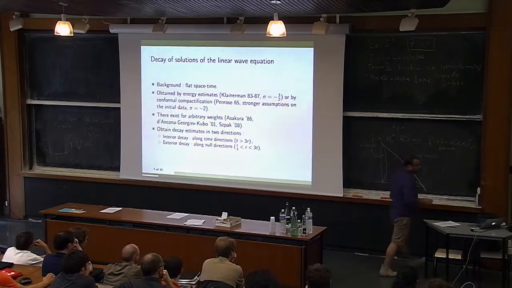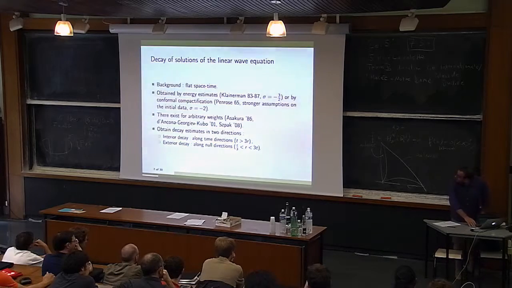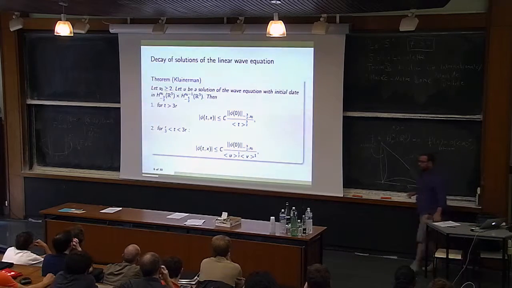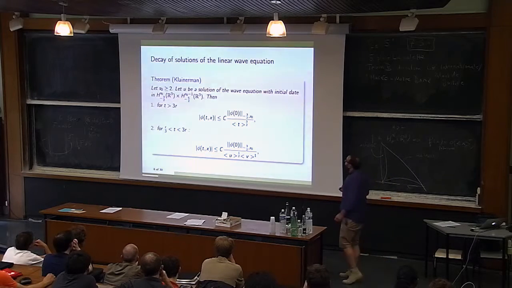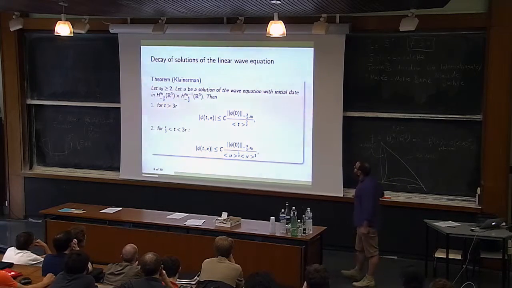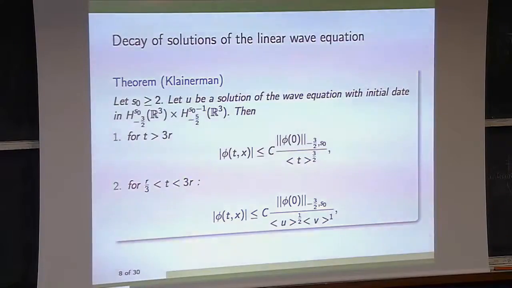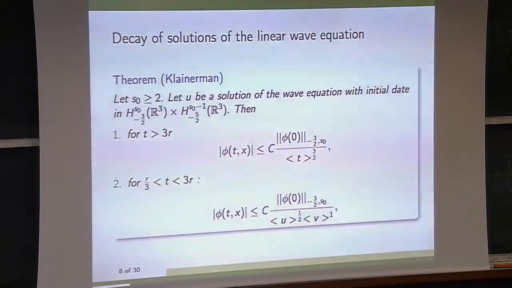And how does this decay result work in the method of Klainerman? So you take initial data which lies in this space with s not bigger than 2. And when you are in the interior region, you decay exactly at the same rate as the initial data, which is reasonable. This is this result here.